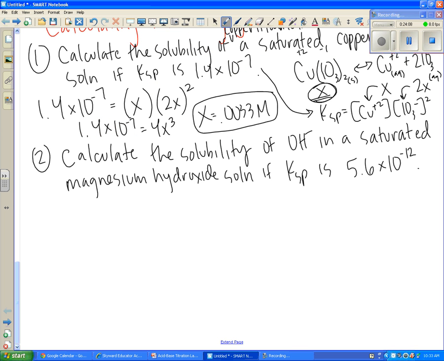Let's take a look at this last problem here. So we have magnesium hydroxide, Mg(OH)2. We're going to dissolve that in water. We'll get magnesium ions and hydroxide ions.